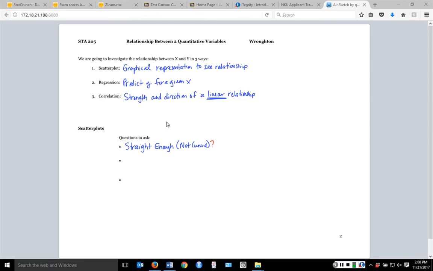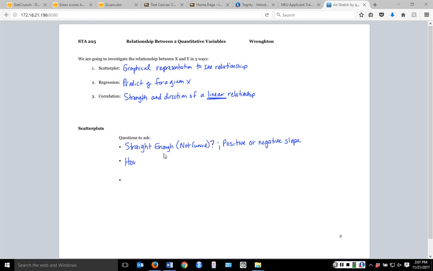And then if so, is it a positive or negative relationship? Or basically a positive or negative slope. There are other types of relationships besides straight line relationships, but the only one we're going to cover in this set of notes are straight line relationships.